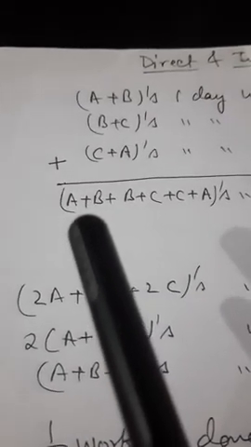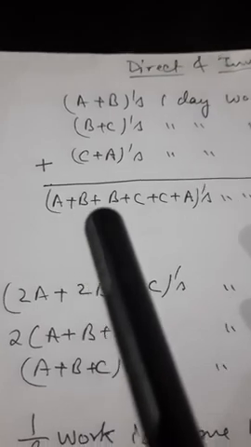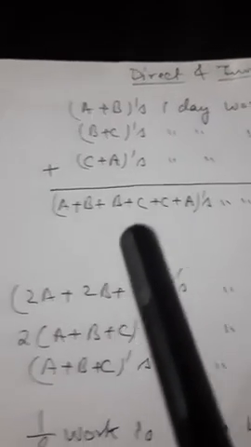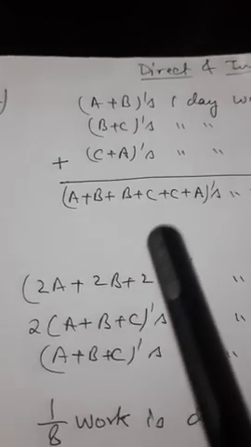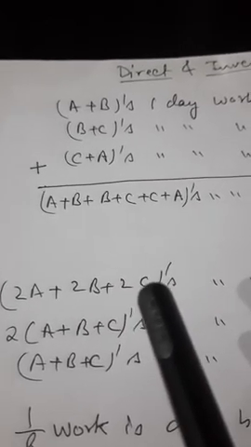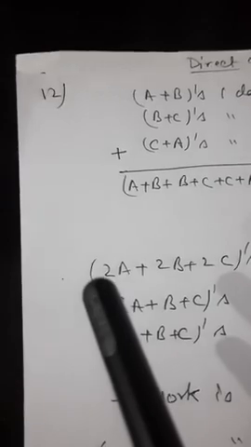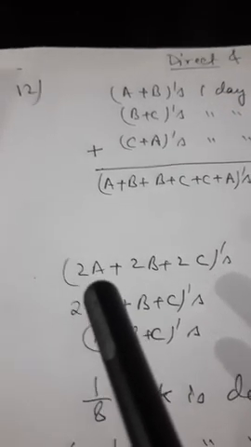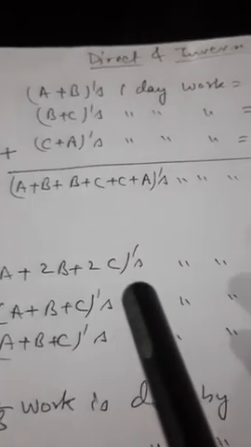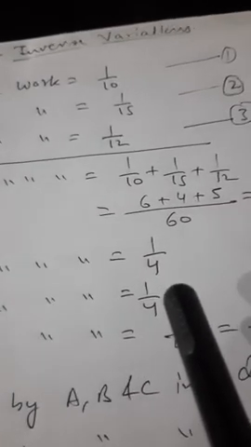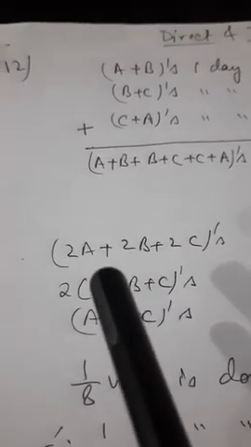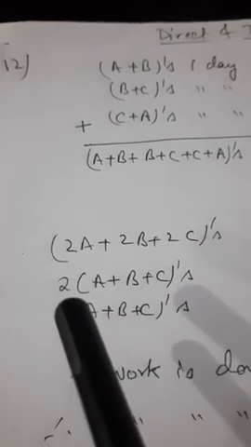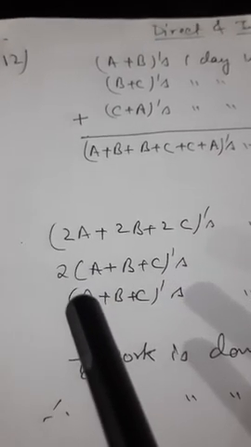Now look at the left hand side. A plus A becomes 2A, B plus B becomes 2B, and C plus C becomes 2C. So 2A plus 2B plus 2C, their 1 day work is equal to 1 upon 4. Now here 2 can be taken common, so 2 is taken common outside the bracket.